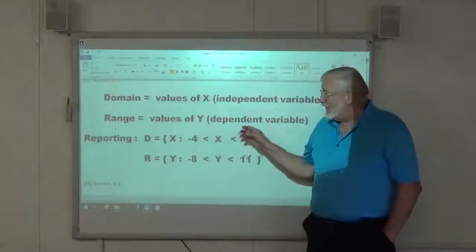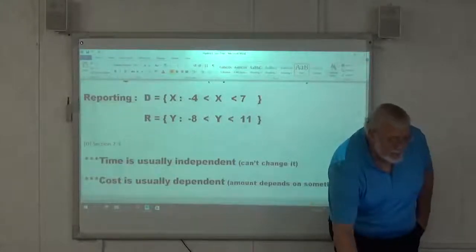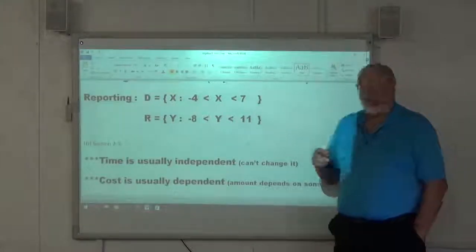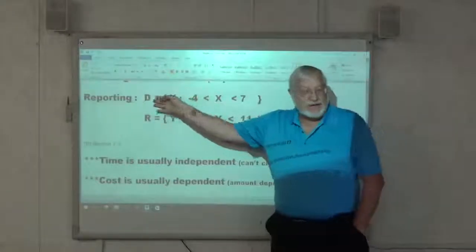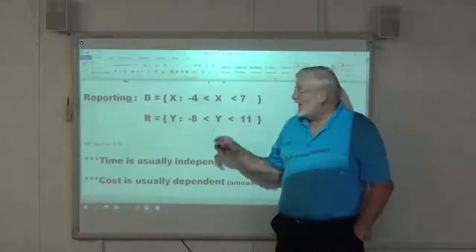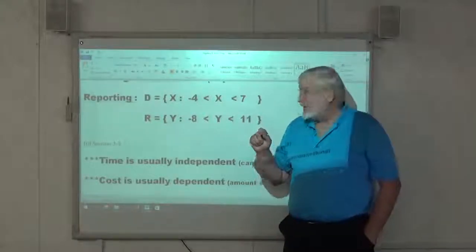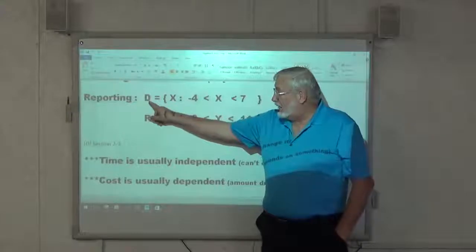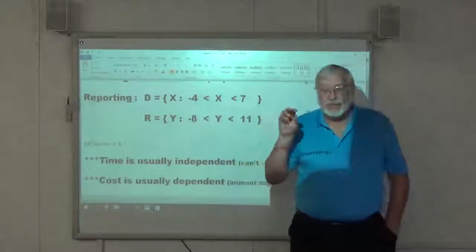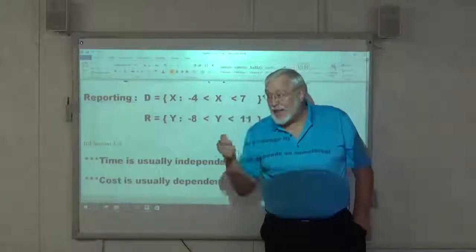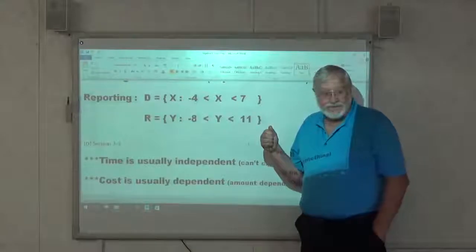Now, the part that becomes important for discussing things is the vocabulary of this right here. This is very important, so I'd like you to write this down in your notes. I want you to copy both of these down, and then we're going to put a few words that describe how you're supposed to interpret what this says.